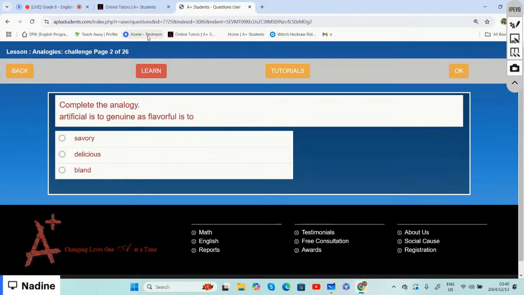And we once again said artificial is to genuine as flavorful is to what? So now with flavorful, right?